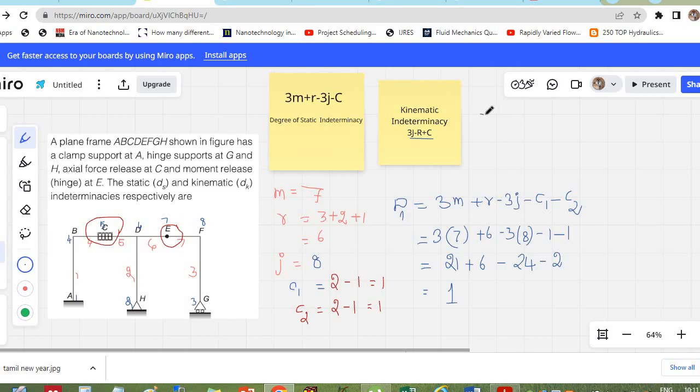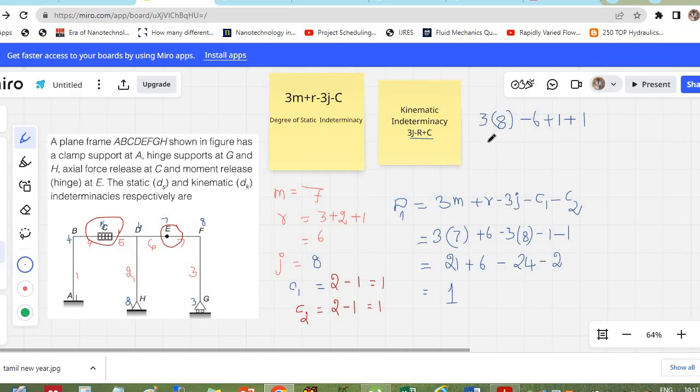So we will have 3 into the number of joints, which is 8, minus the number of reactions, which is 6, plus C1 is 1, C2 is 1.